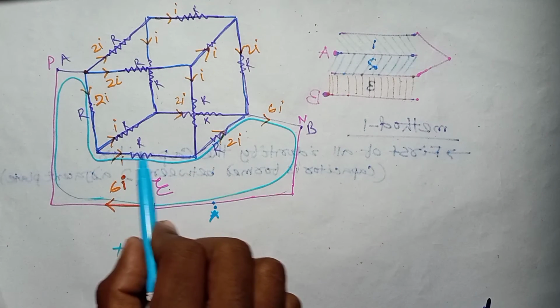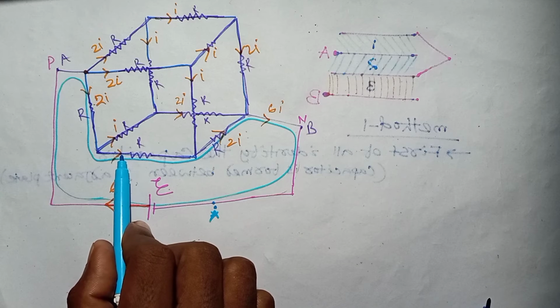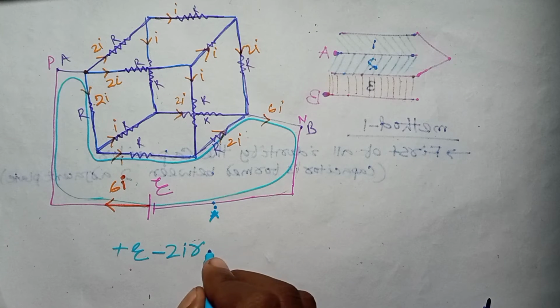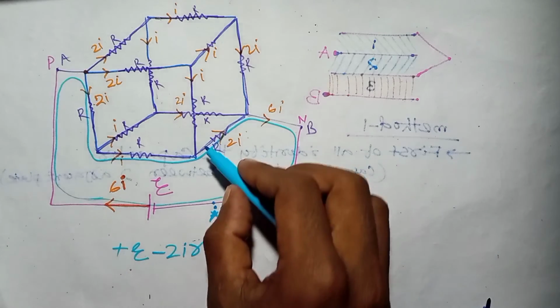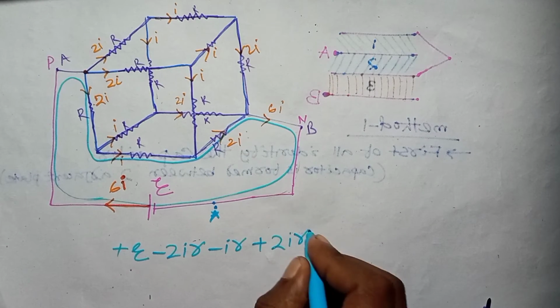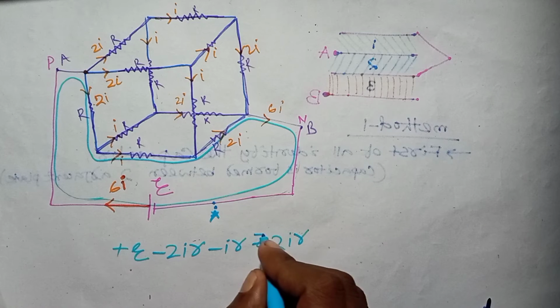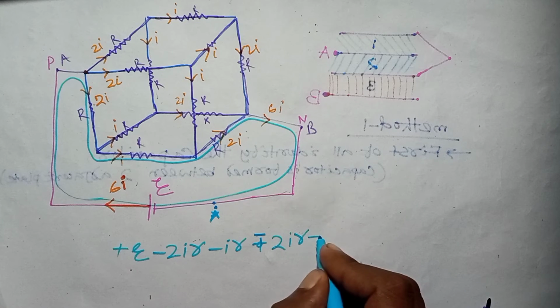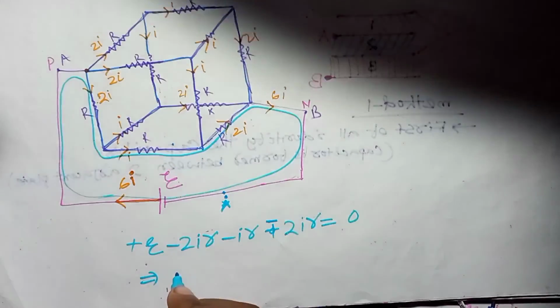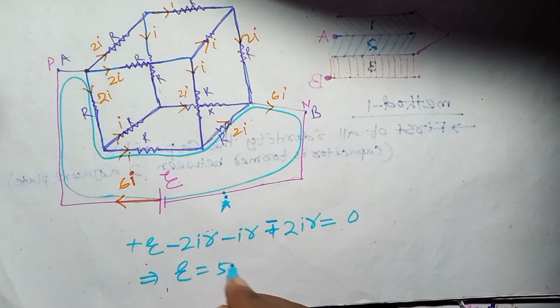Then again here is a resistor, and we are crossing it in the direction of current, so it will be minus IR. Again it is minus 2IR, so the total will finally be 0. From this we can find E to be 5IR.